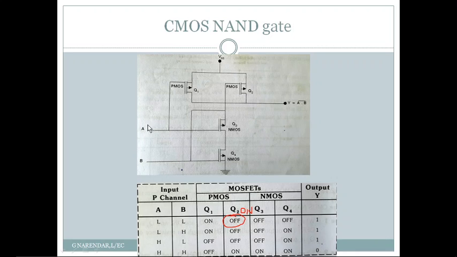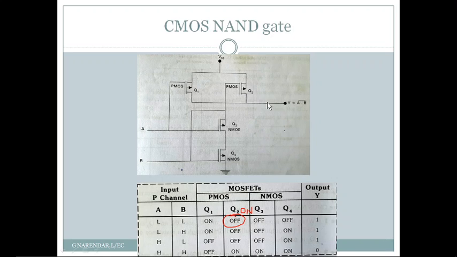So finally we have a case where both the inputs are high. So when both the inputs are high, you can see when A is high, Q1 is off, but Q3 is on since it is NMOS, and when B is high, Q2 is off since it's a PMOS, and Q4 is on since it's an NMOS. And here you can see that the Y, which is connected to the drains of Q1 and Q2, cannot be pulled high since both PMOS transistors are off.